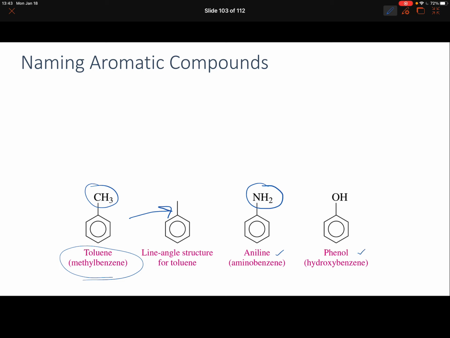And phenol is another common name for benzene with an OH on it, with a hydroxyl group or an alcohol functional group. We can also call these by their IUPAC names. So this would be methylbenzene, aminobenzene, or hydroxybenzene. But again, common names are often used.